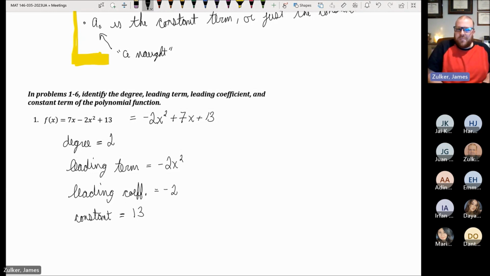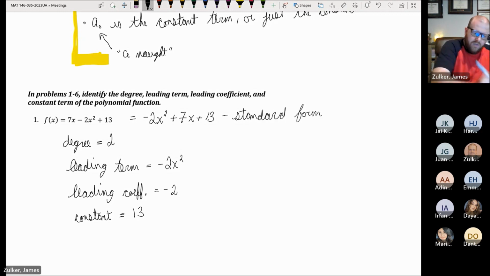When you write it in this form, where the powers are in decreasing order, we call that standard form. Let me double check that.